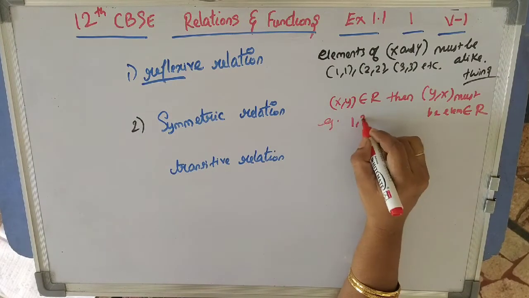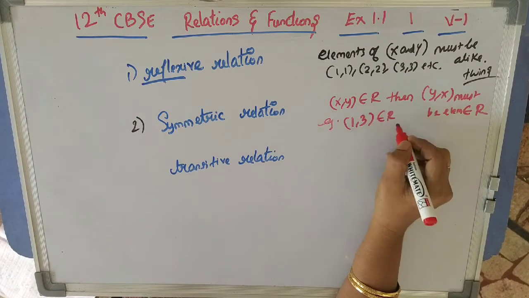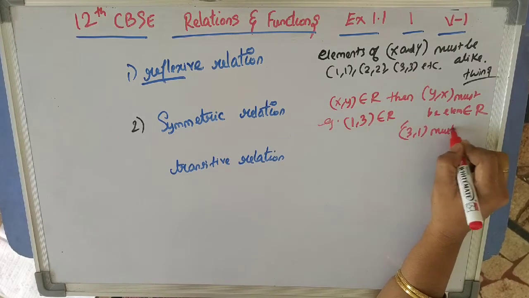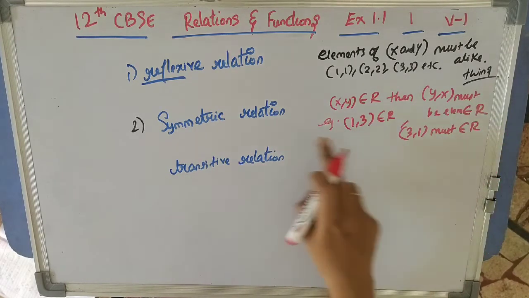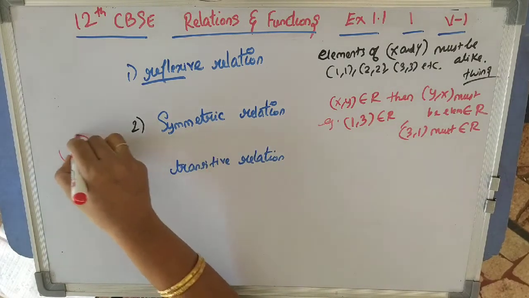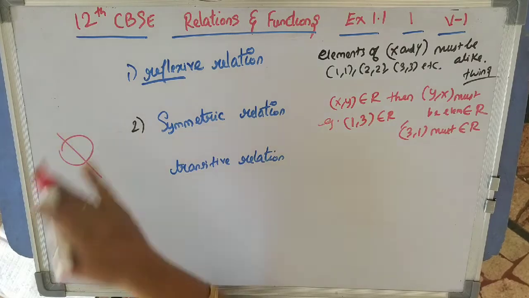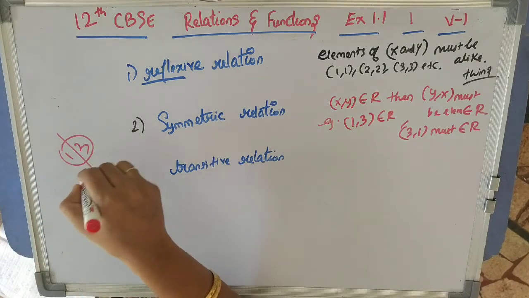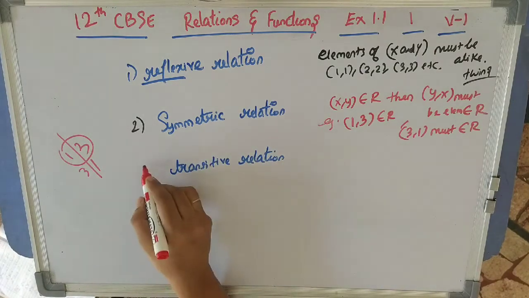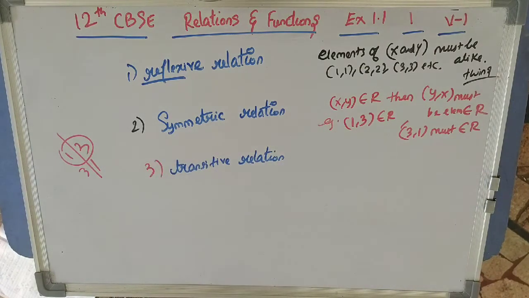For example, if 1 comma 3 is an element of R, then 3 comma 1 must be an element of R for the relation to be symmetric. If this condition is satisfied, that is, 3 comma 1 is also an element and 1 comma 3 is also an element of R, then the relation is called a symmetric relation.